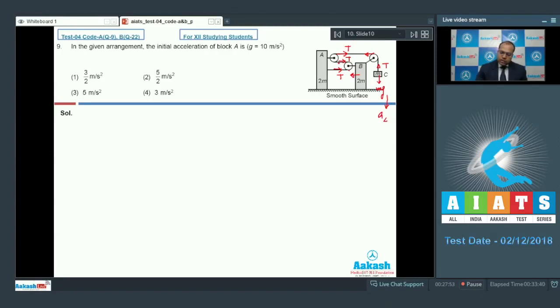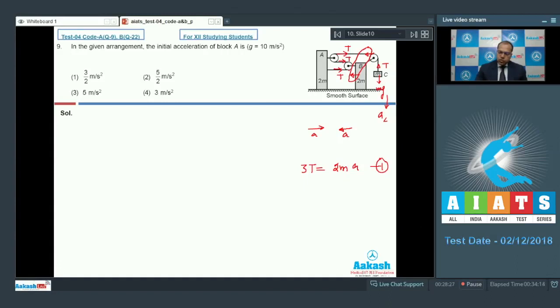So 3T horizontal force is acting on block A, as well as 3T horizontal force is acting on block B. If the acceleration of block A is A, then the acceleration of block B must be equal to A. So if I write F equal to ma on block A, then I can say that 3T is equal to 2m into A, because this surface is smooth. So this is my first equation.